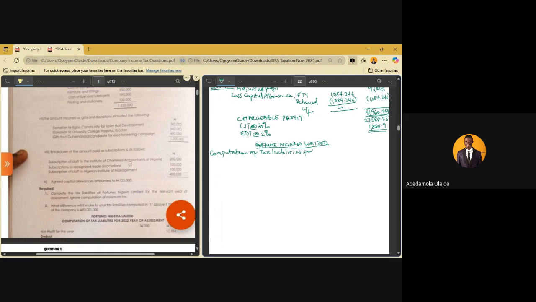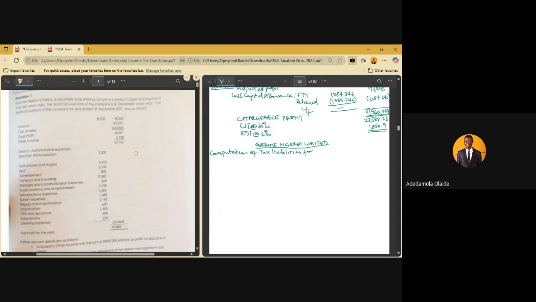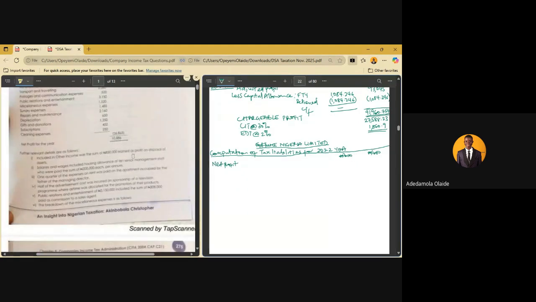We're given accounts for 2021, so we'll be computing for the 2022 year of assessment. So we'll start with the net profit. And the net profit is 810,886. So we add back the disallowed expenses.